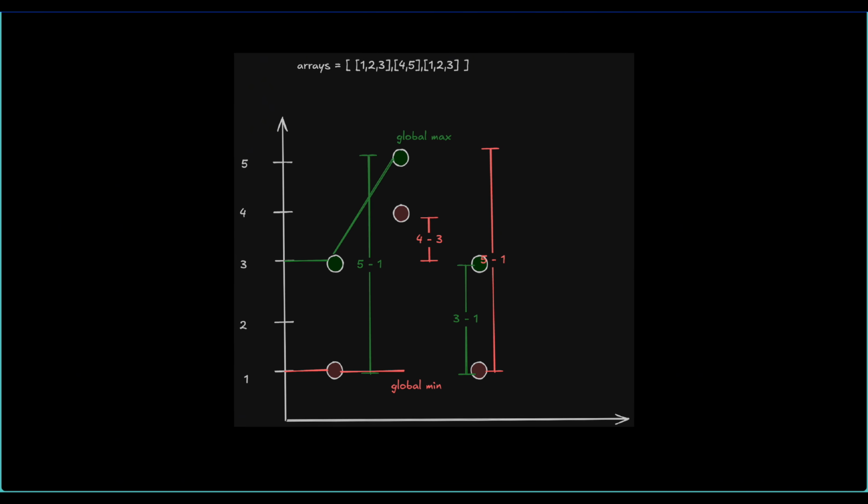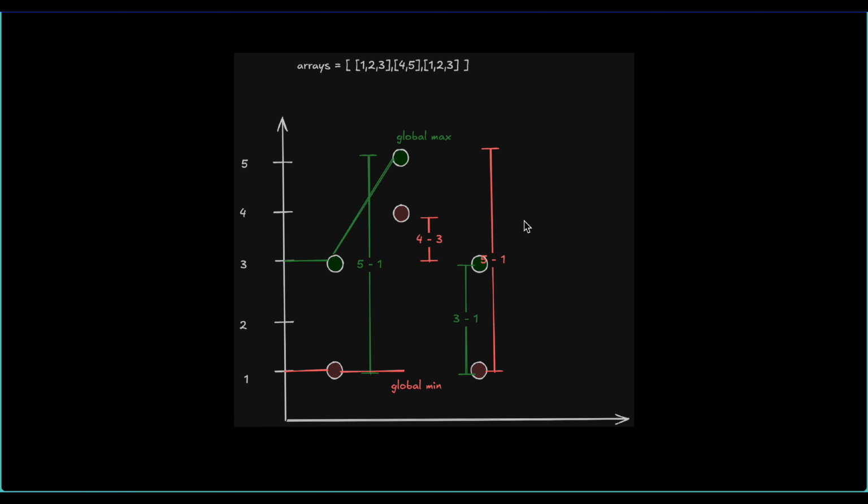And then we go to the last element. So this is our updated global maximum. And here we can see that again, the current minimum will be equal to 1 and the current maximum will be equal to 3, right? So if we calculate the distance between the current maximum minus the global minimum, it will be 3 minus 1 equal to 2. And the second distance it will give us is the global maximum minus the current minimum.